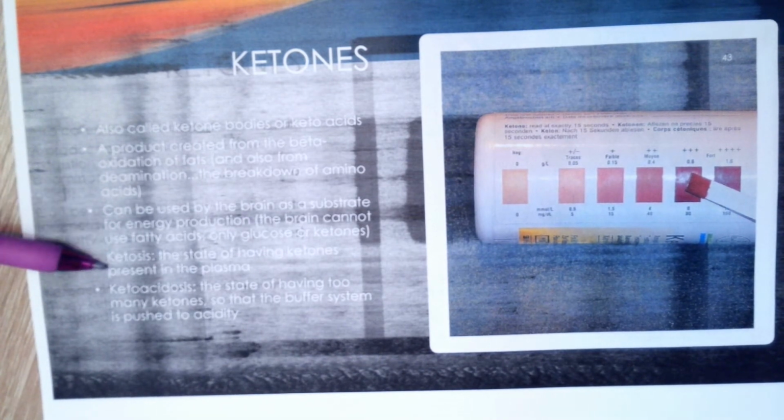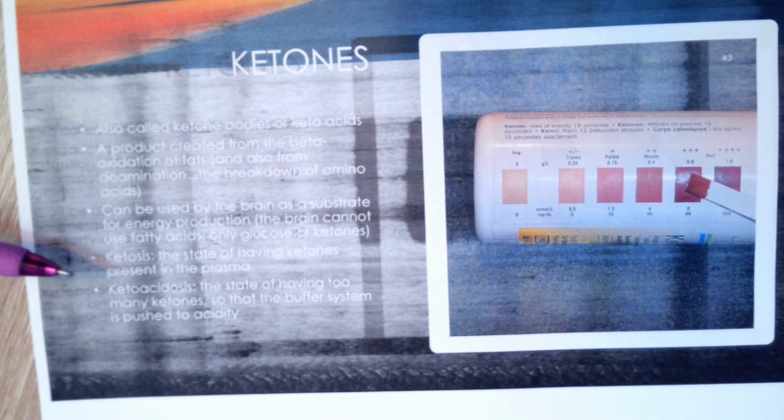So if you have ketones present in a normal amount, I should say, you don't want to have too much, but you want to have enough. If you have those ketones present, that's called ketosis, and they would typically be coming from beta oxidation. Now, if you have too many ketones, that's called ketoacidosis, and that starts to push your blood into an acidic pH, so a lower pH.